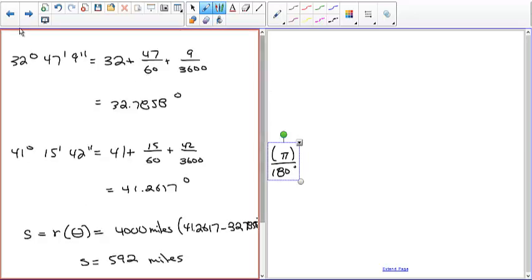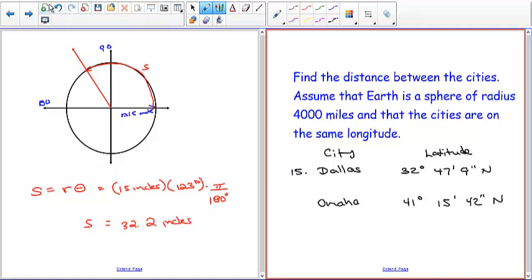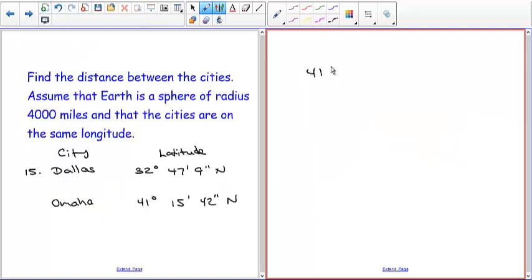Now the other way of doing it would be to take the difference of these two. So if you take 41 degrees, 15 minutes, 42 seconds minus 32 degrees, 47 minutes, 9 seconds. How does that work? Well, this way it works normally. So you have 42 minus 9 is 33.